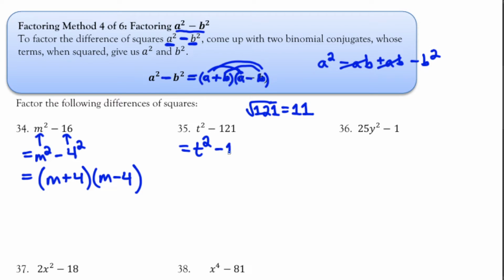And that means that 11 squared is 121. So t squared minus 121 is exactly t squared minus 11 squared. And here I have the difference of two squares, so it factors. t plus 11 times t minus 11.